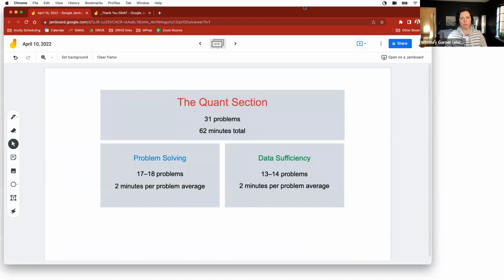Problem solving does technically make up a little bit more of the test, but not by much. If you're working on 1x or standard time, your average time per question will be precisely 2 minutes. You've got 31 questions in 62 minutes. Take that number up if you have 1.5x or 2x accommodation.